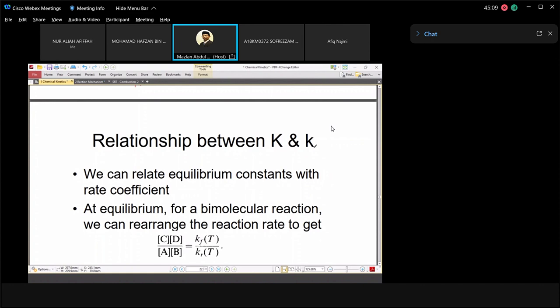Small k is the rate coefficient. The equilibrium constant stands for the global reaction, and the small k stands for the rate coefficient of each reaction.